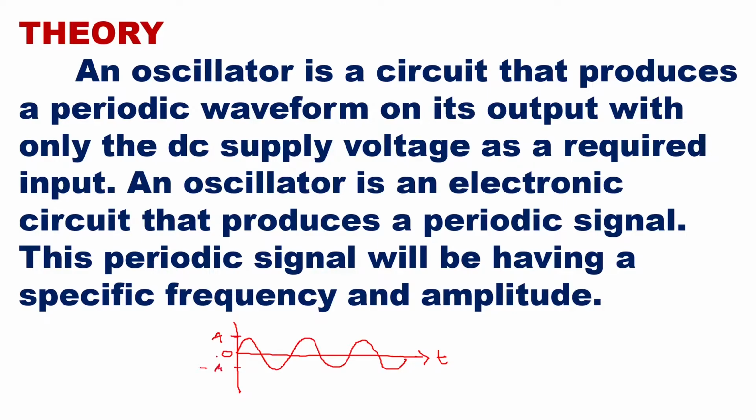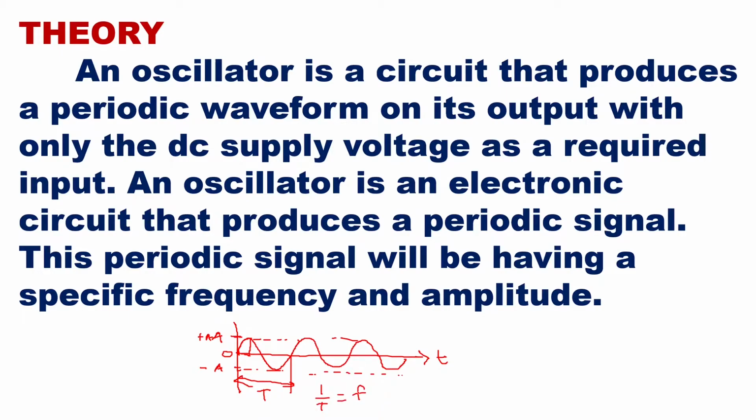Let this be minus A, and this will be plus A. From the zero line, whatever we have is the amplitude, and from here till here, the time for one complete cycle, that is the positive and negative half cycles, will be called the time period T, and the reciprocal of that, 1 by T, will be taken as the frequency F.